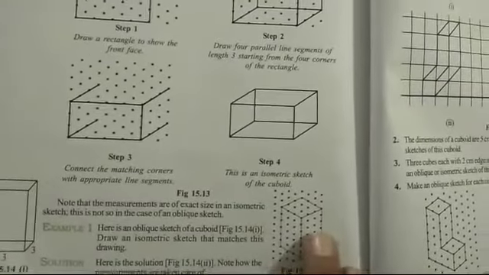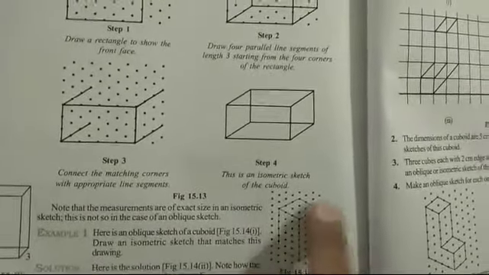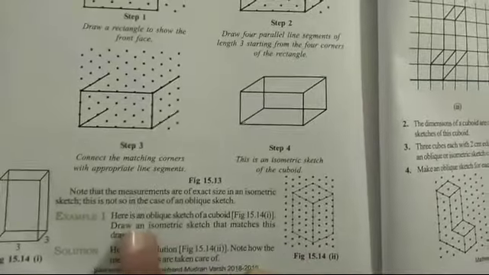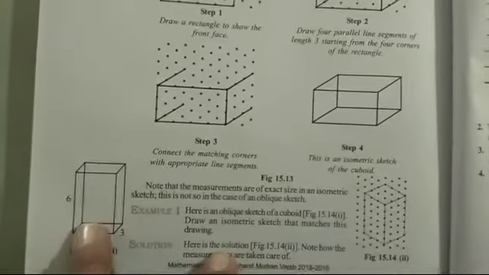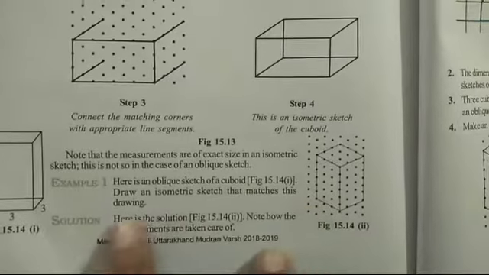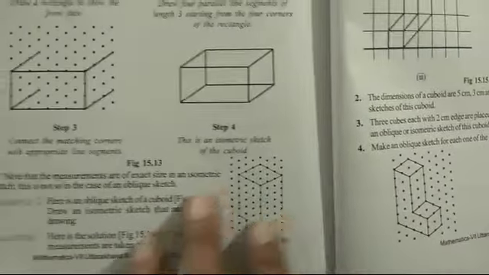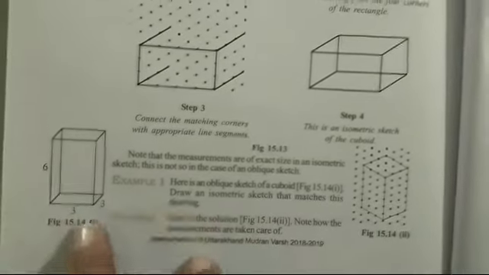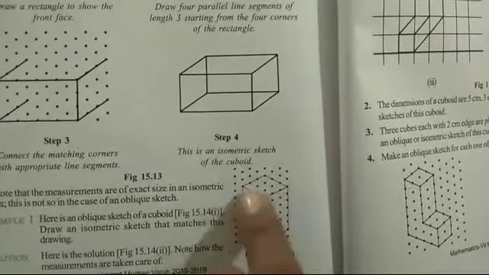Now we have to make the isometric sketch accordingly. Here is an oblique sketch of the cuboid. Draw an isometric sketch that matches this drawing. Here is the solution. This is 6, 3, 3, so we have taken 3 dots, 3 dots, 3 dots. This is 6, so it's easy.